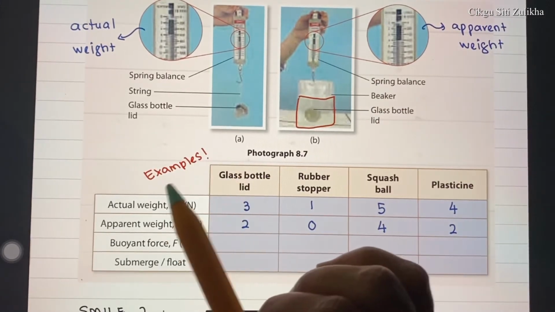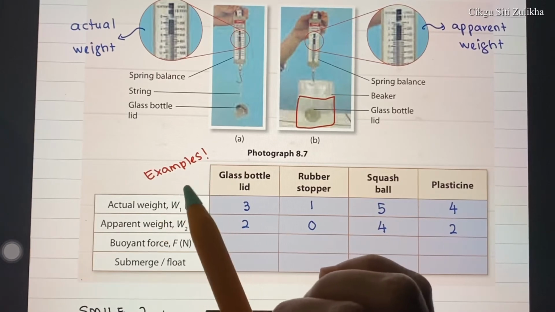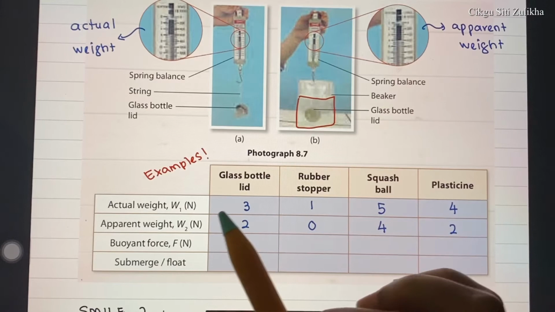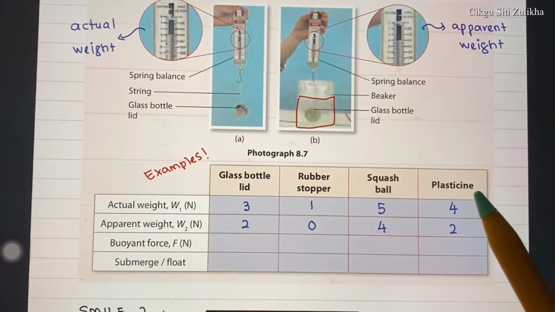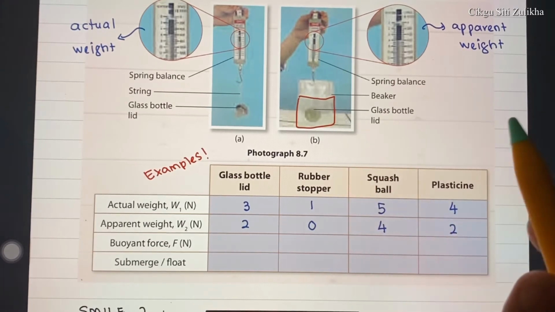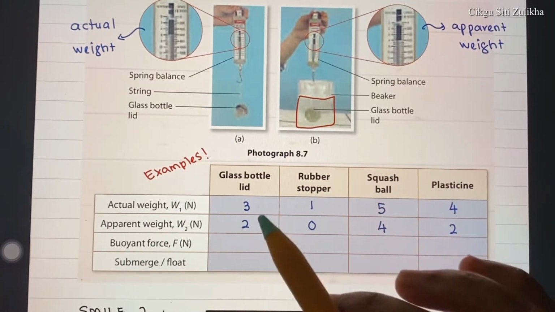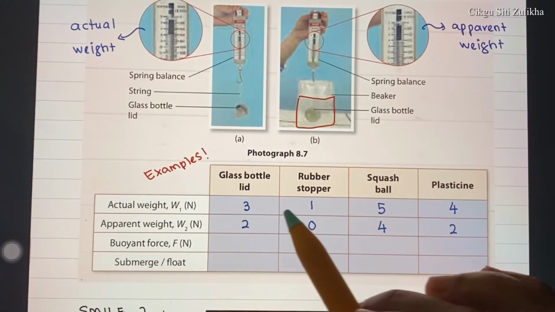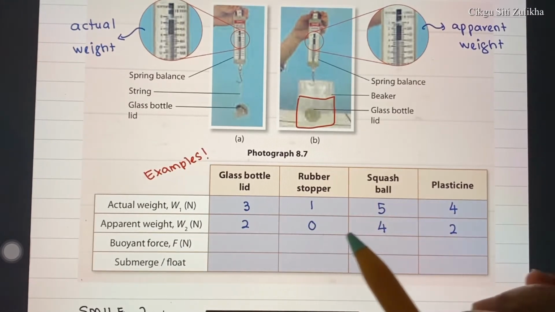And then teacher bagi you some example lah dekat sini, okay? Teacher dah buat siap-siap lah, contoh sahaja. Kalau nak jawapan yang betul, kita kena buat eksperimen lah dekat sekolah. So, teacher buat contoh sahaja dekat sini. Alright, teacher dah kira siap-siap. Actual weight 3, apparent weight 2. The above is the actual weight, bawah adalah apparent weight.